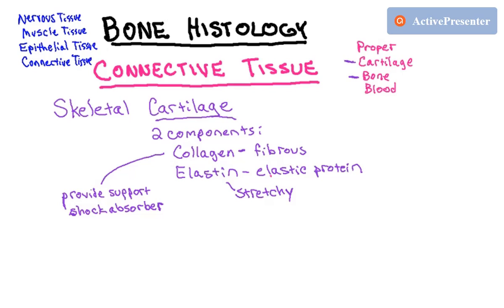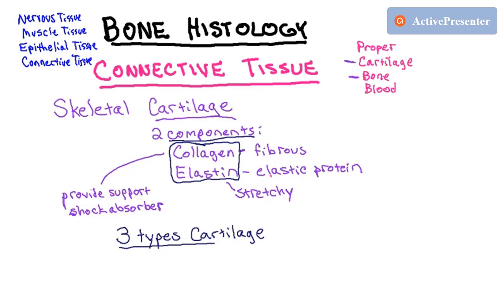Now, don't be confused. These two are the components of cartilage. This is what makes up cartilage: collagen and elastin. But don't get that confused with the three types of cartilage, all important for bone tissue.